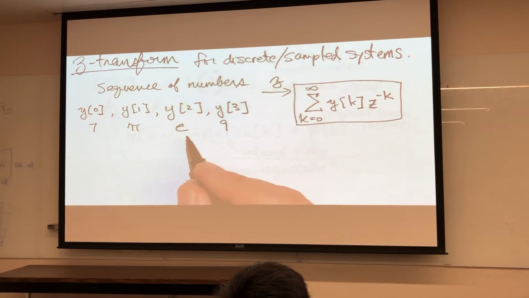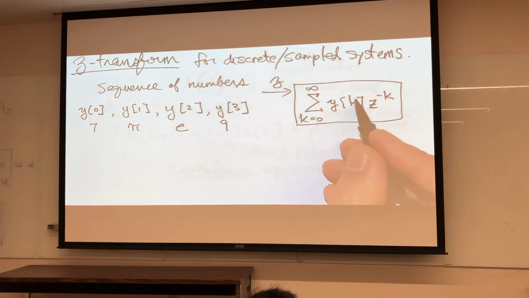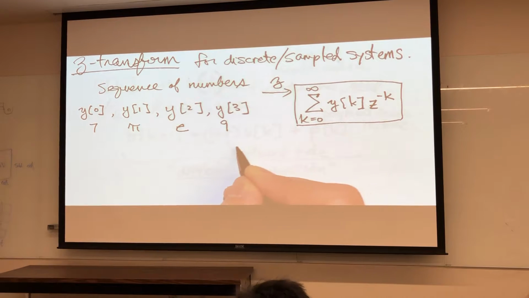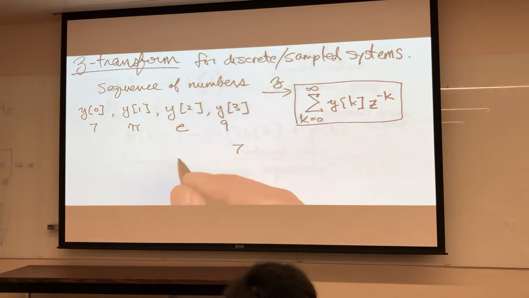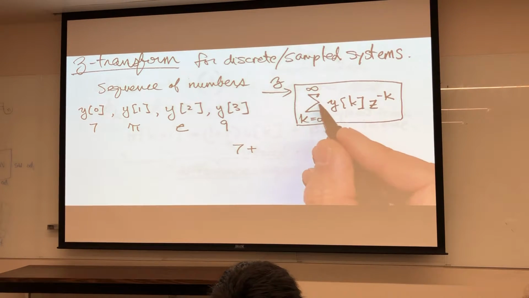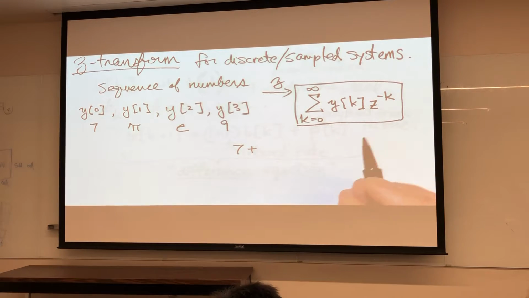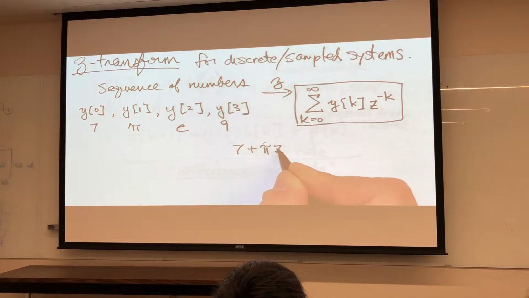And so for this example, we would say the Z transform is, let's just take the first number, 7 times z to the 0. Z to the 0 is just 1. The next term, I have to add, see that's a sum, is y1, which is pi, and I multiply it by z to the minus 1.